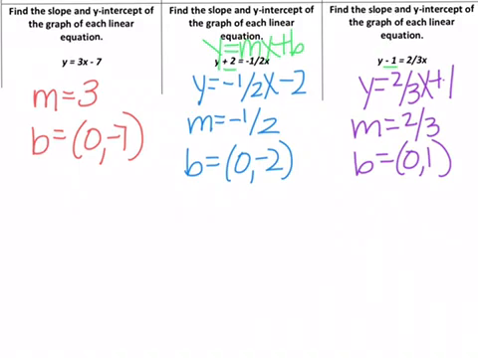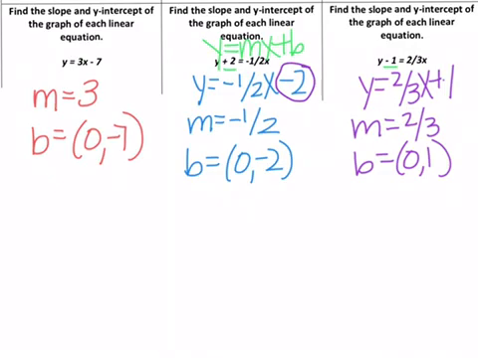Here are the answers for the 3 slope-intercept forms. On number 1, it was already in slope-intercept, pretty simple. We just pulled out the 3 from in front of the x, and 7 was negative, so we crossed the point at 0, -7. For the next 2, just as I said, we had to move some things around. So in the second equation, I had to subtract the 2 to the other side of this equation, so now it is a -2 for our y-intercept.